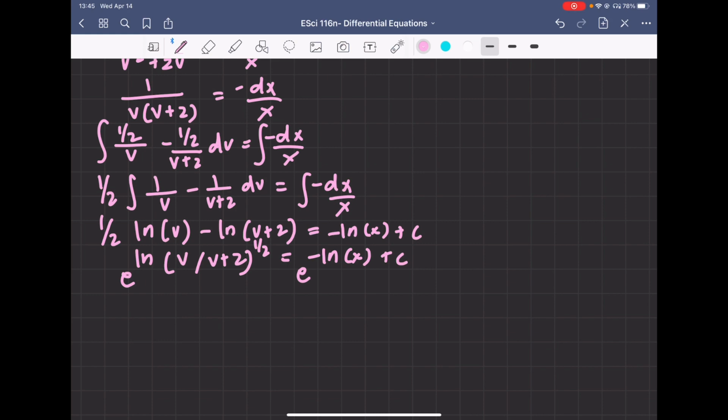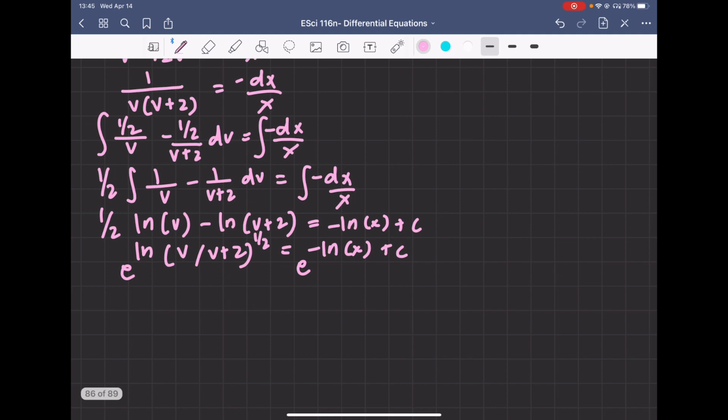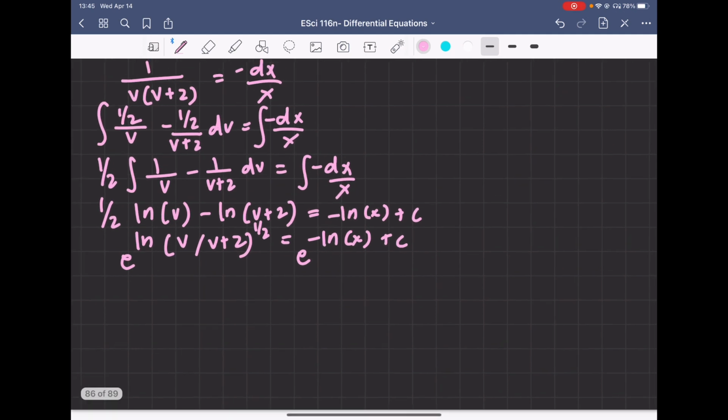Now, using both sides as the exponent for e, in order to remove our ln, that is v over v plus 2 raised to the power of 1/2 equals, you guys already know, this would equate to c times x to the power of negative 1. Or we can just write this as c over x.